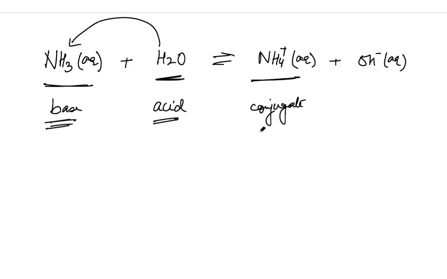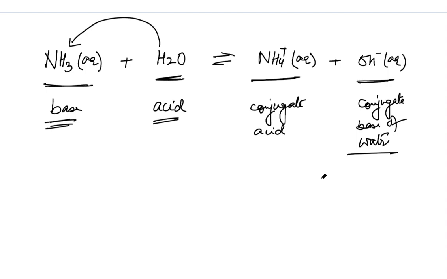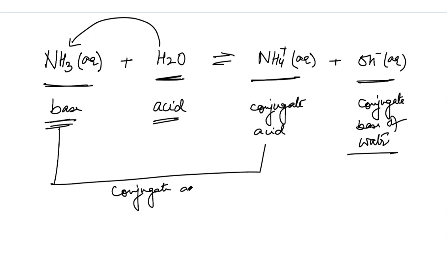And this OH minus is the conjugate base of water, right? So again we can see that NH3 and NH4 plus are a conjugate acid base pair, and these two are another conjugate acid base pair.